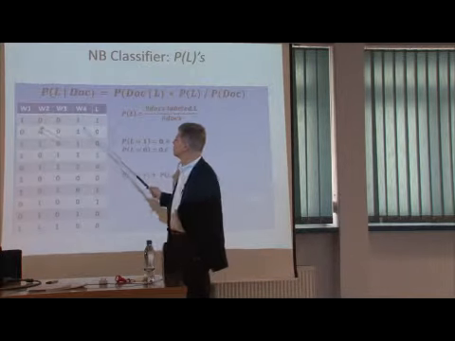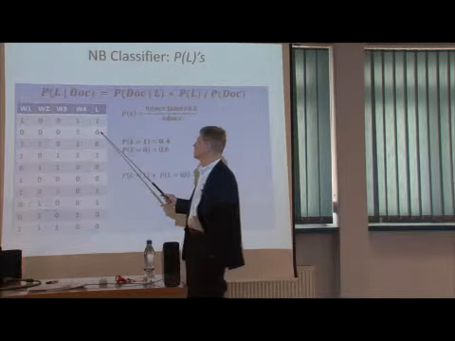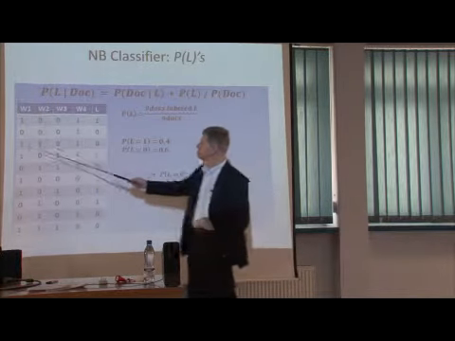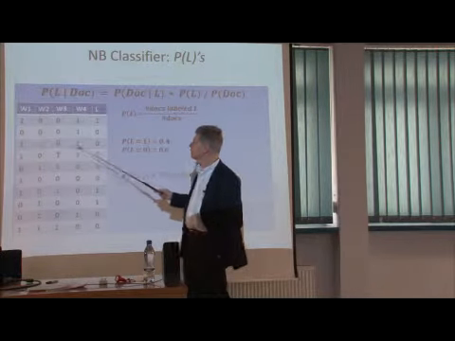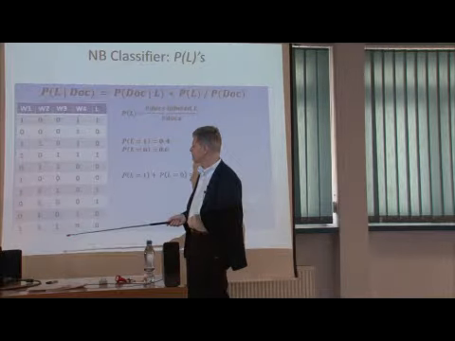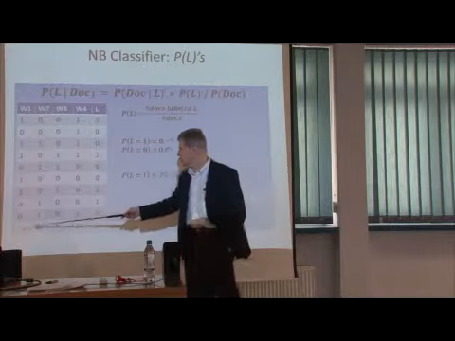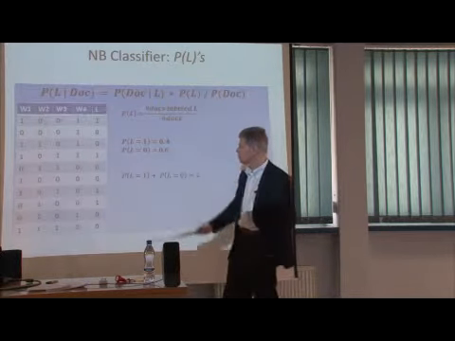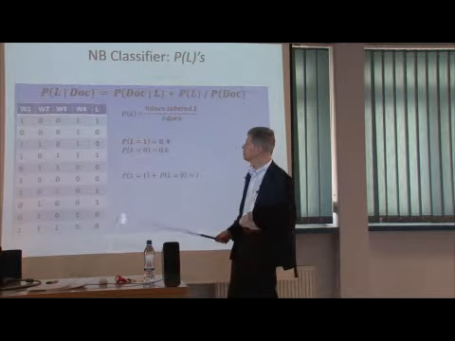This document has only word 4 from the dictionary and has label 0. This one has the first, second, and fourth words and also has label 0. And the final one has the first three words, doesn't have the fourth word, and also has label 0.